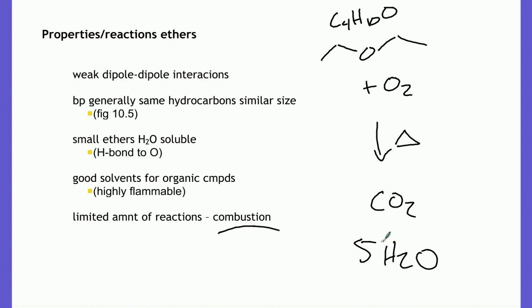That's actually okay, because I'm going to have an odd number of oxygens on both sides. So balancing it the rest of the way, 4 carbon dioxides should give me 8 plus 5, 13 oxygens total. 12 of them are from here, and 1's right here in that ether. So that should be balanced. Just make sure you can do those combustion reactions with oxygen.